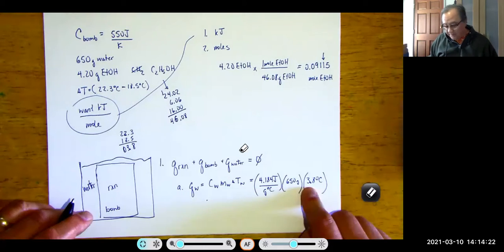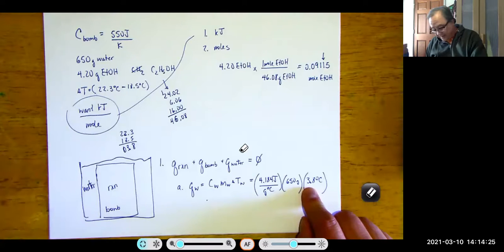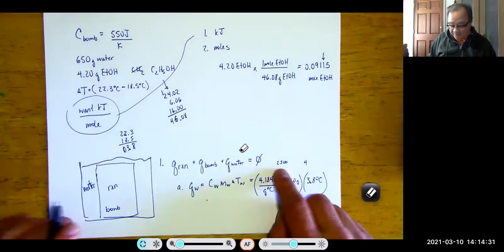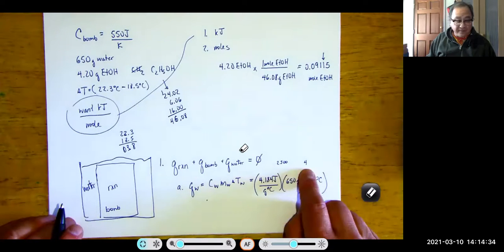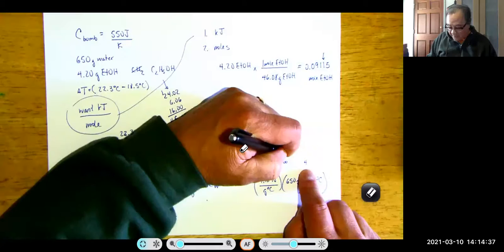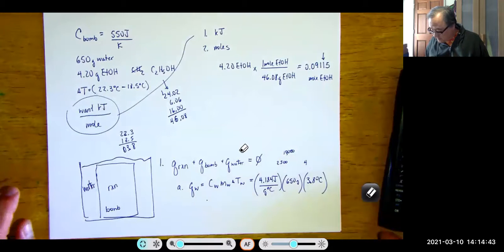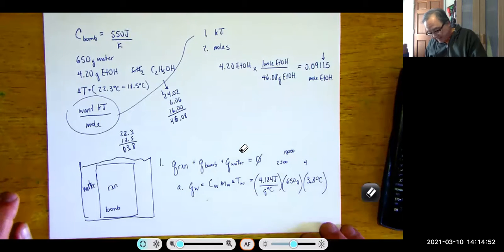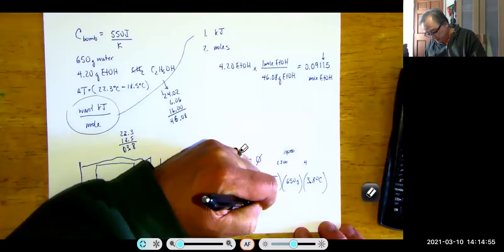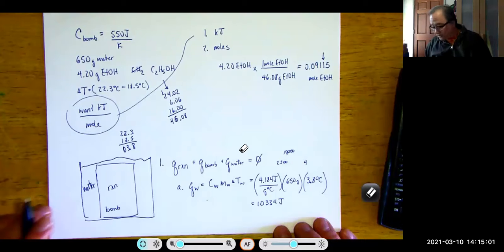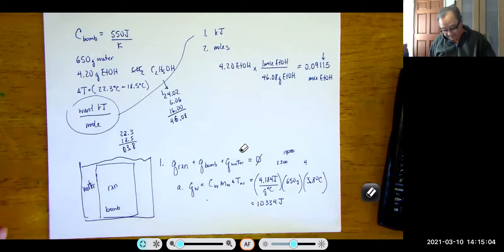How about 2,600 times 4? Or let's make it even easier: 2,500 times 4, because 2,600 isn't too far from 2,500. 25 times 4 is 100, then add the 2 zeros and you get 10,000. And I get 10,334 joules on my calculator. So I must be pushing the buttons correctly.